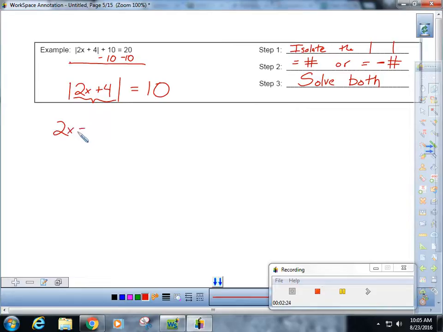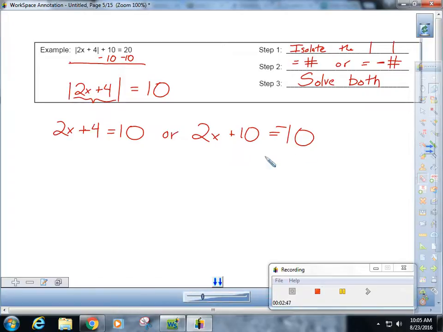Easy enough. However, it may also equal negative 10. So we just succeeded in step 2. We put in an or, we set it equal to the positive and the negative version.